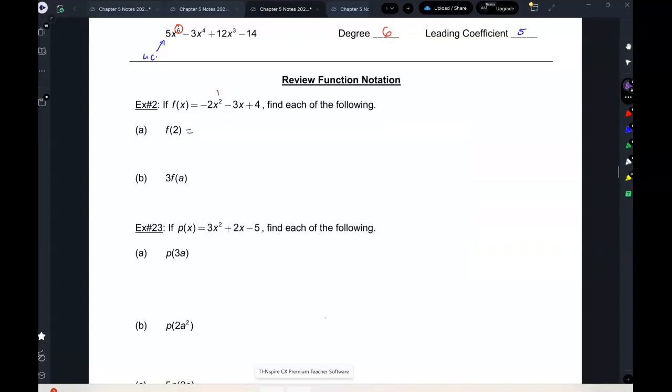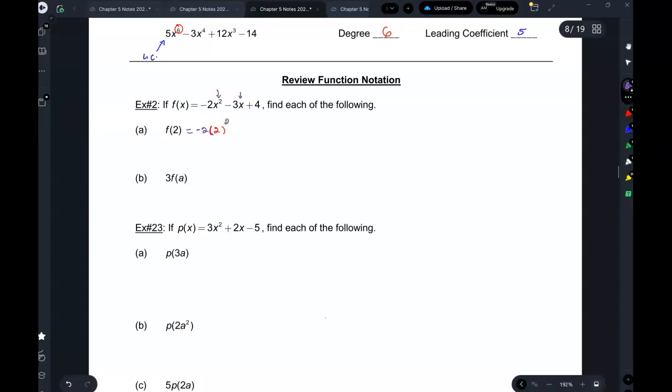That means I have to put 2 in the place of every single x. So I have negative 2 times 2 squared minus 3 times 2 plus 4.